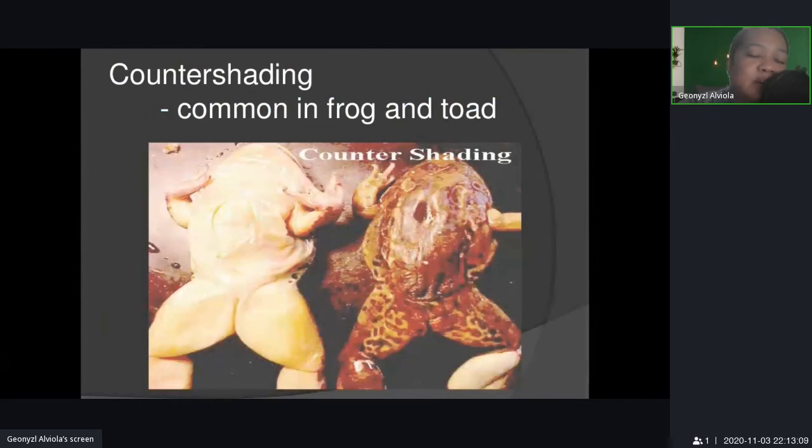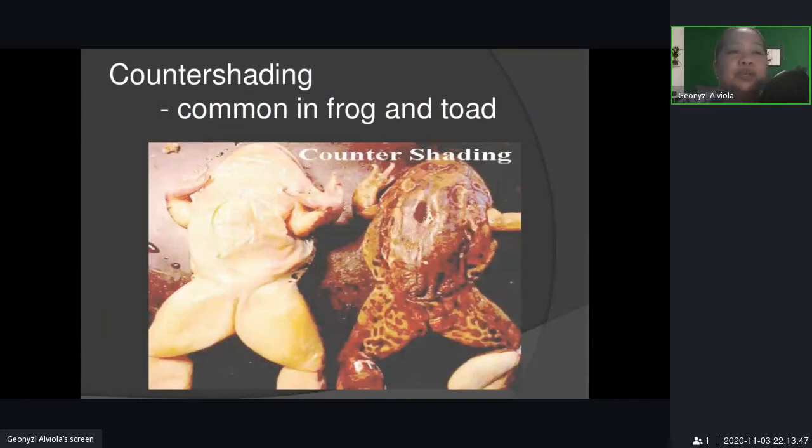Counter shading is when the dorsal portion of the animal is darker and the ventral portion is lighter. Another example of counter shading is the shark. If you go diving and encounter a shark, when it swims over you, you will see that the white portion of the shark reflects the blue sky.